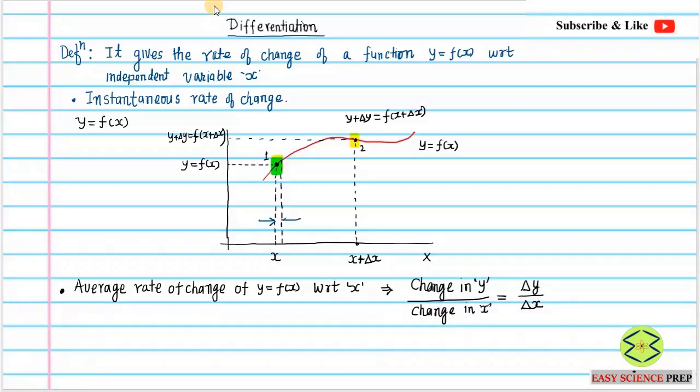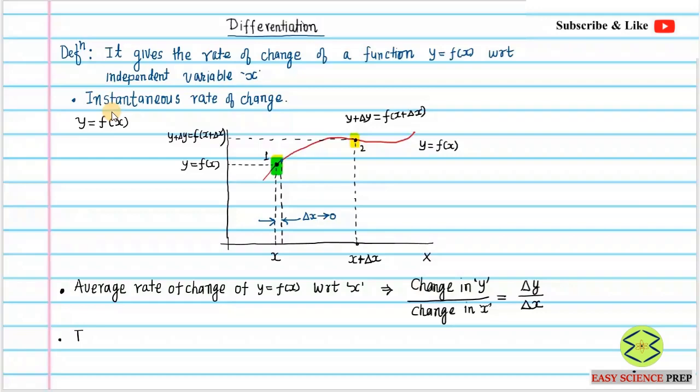This variation you are making very small, that means it has to be very close to 0. If you take a very small interval, then that change is called instantaneous rate of change, and that instantaneous rate of change is called differentiation.